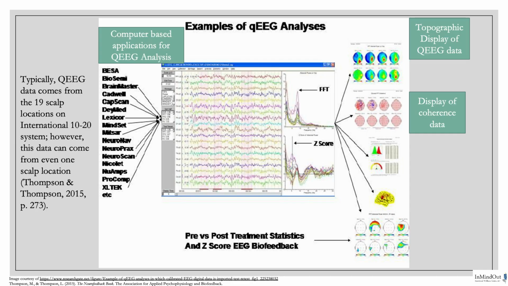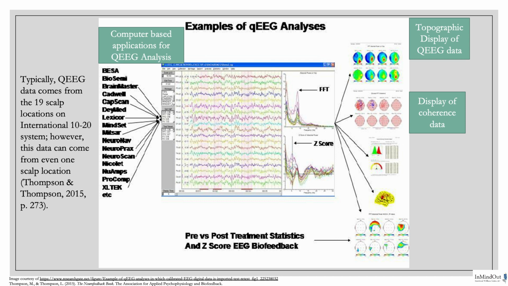And again, that is very important, because if we see a bifurcated or bimodal posterior dominant rhythm, that may imply certain issues. Not necessarily, but it could. Then we also have the Z-score compared to the normative database. We see how similar or different this person's activity is to the normative database.